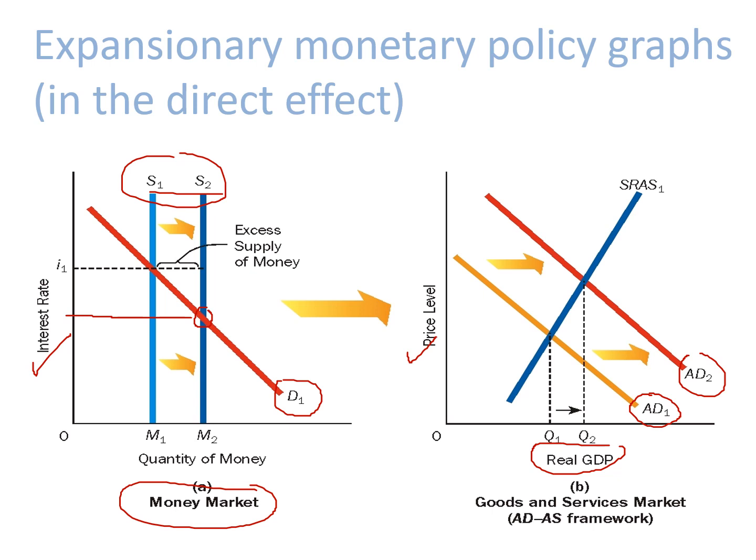The result is greater real GDP growth and a higher price level. So at this point, we have a higher real GDP and a higher price level. So in this case, the Fed has eliminated the recession.